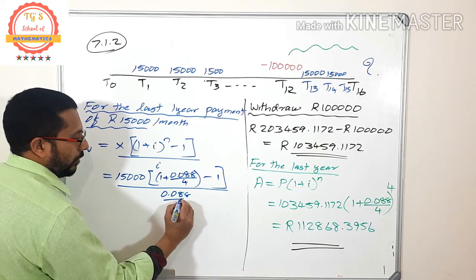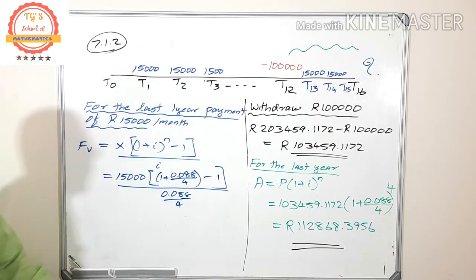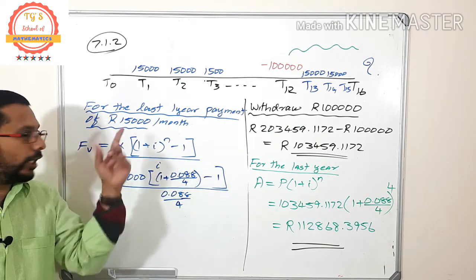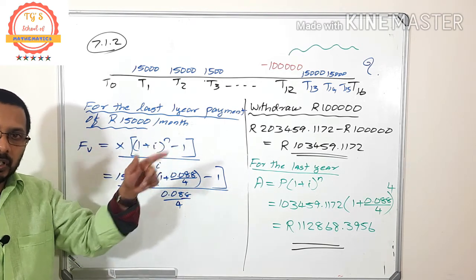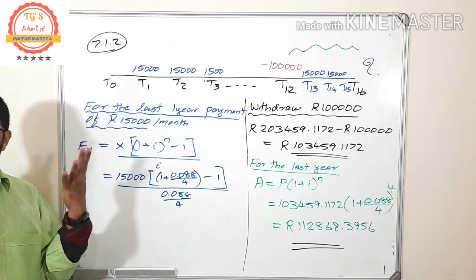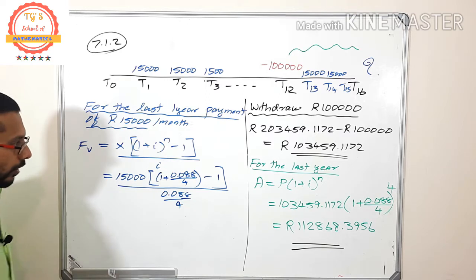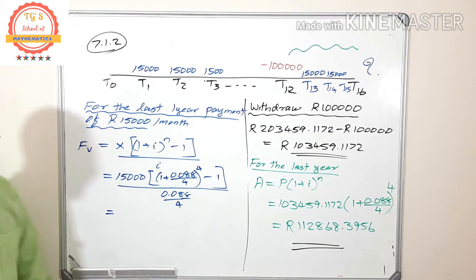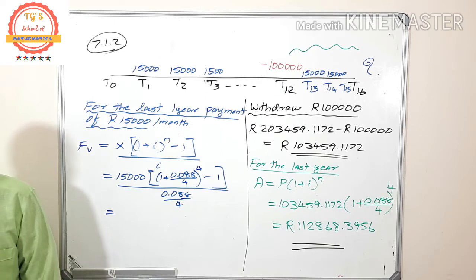What is the value of n here? We are trying to find the last year payment, 15,000. In 1 year, how many payments? Of course it's 4 payments because it is quarterly, so raised to 4. Take your calculator and try to find the answer.